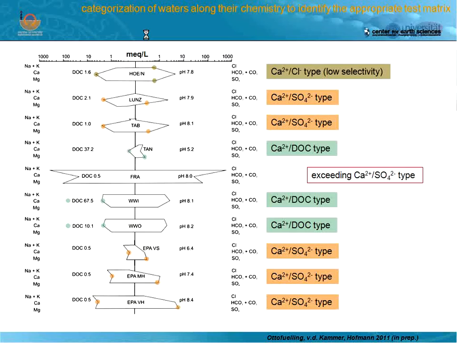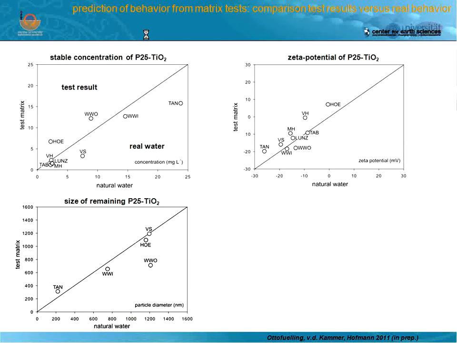From these plots of our different waters, we could easily tell which kind of test matrix these waters would best relate to. And what we see is that with only one exception, the calcium sulfate type or the calcium DOC type was the major matrix. So in principle, I would conclude here that these 2 matrices are the most important to do. All the others were much less important.